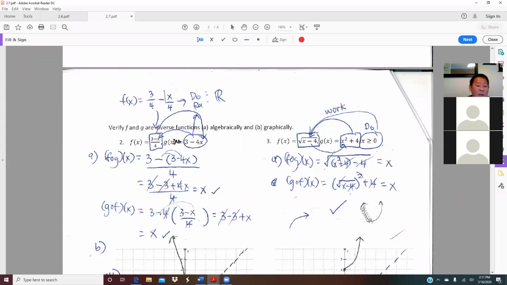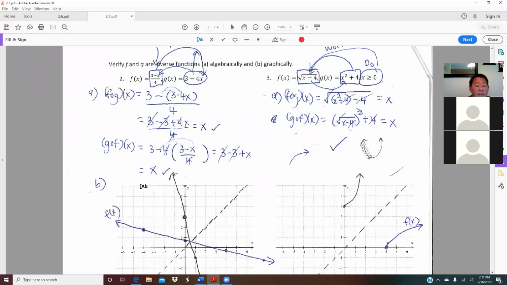So you get 3 minus (3 minus 4x over 4), and when you simplify this, the 3 cancels out, the 4 cancels out, you get x. And when you do g of f of x, you take f and plug it back into the x here. So you get 3 minus 4 times (3 minus x over 4). Again, the 4 will cancel, and when you distribute the negative, the 3 will cancel. You end up with x. So this is how we prove these two functions are inverses algebraically.